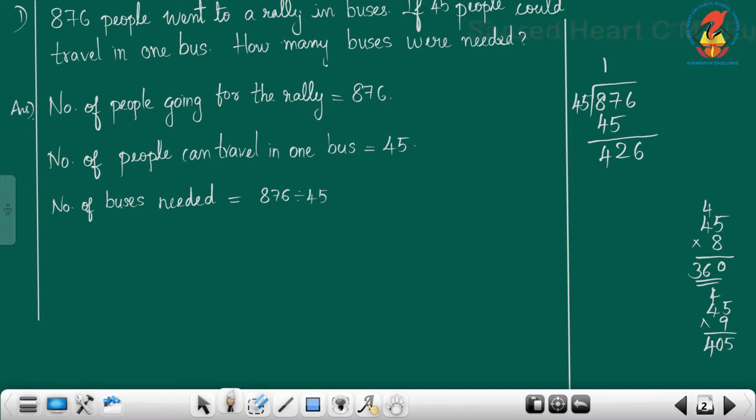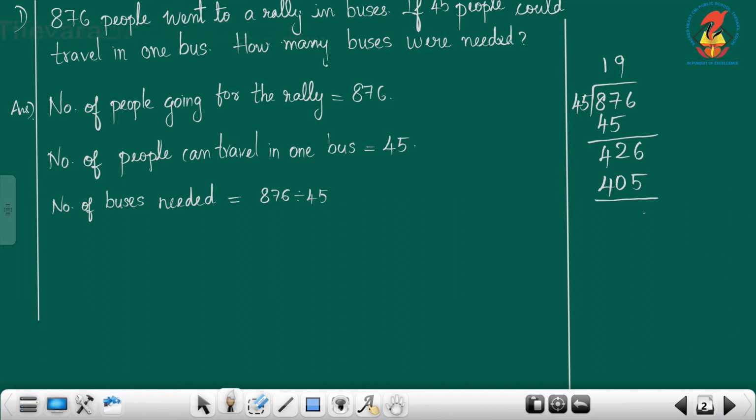Okay. So we can take it's 9 times. When we are taking 9 times, it's 405. When we take the next 10, it's 450 only. So we take 9 times 405. Then subtract it.